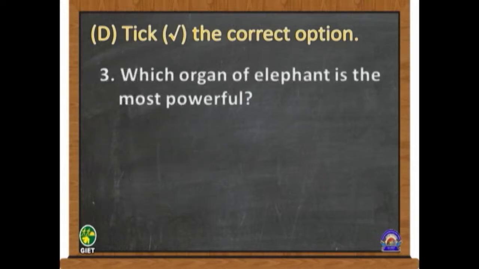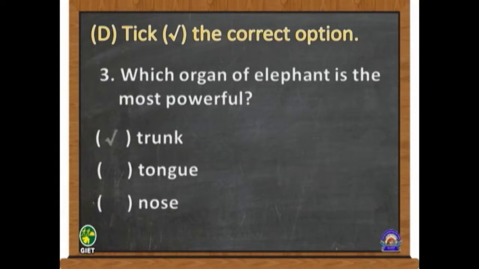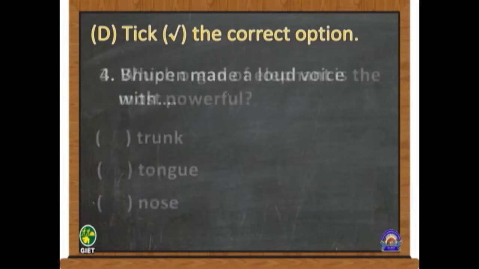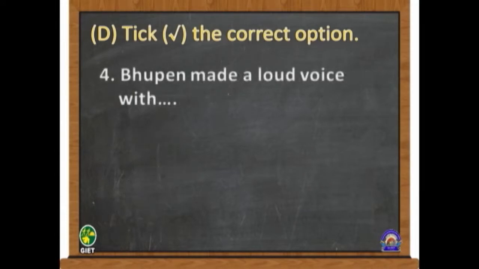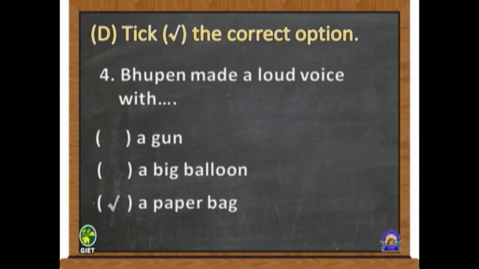Third, which organ of elephant is the most powerful? Options: trunk, tongue or nose. Yes, trunk. Fourth, Bhupen made a loud voice with a gun, a big balloon or a paper bag. Yes, answer is a paper bag.